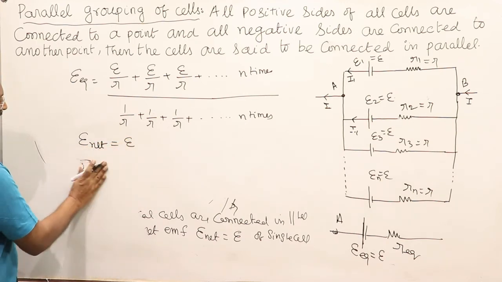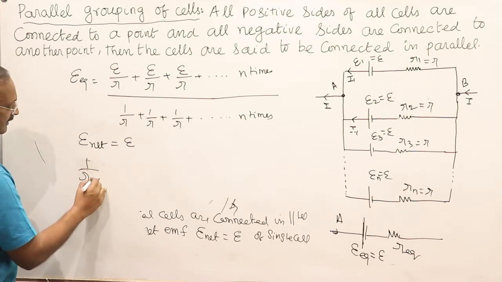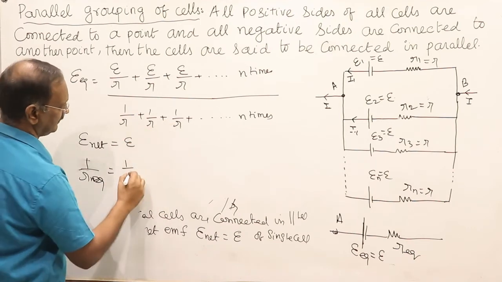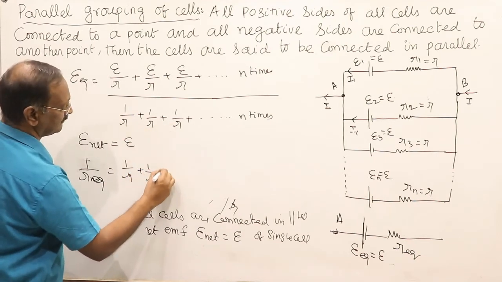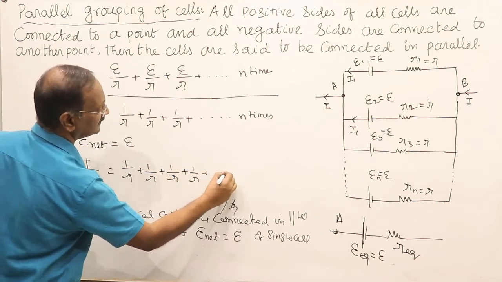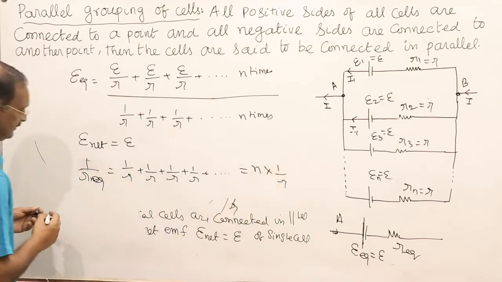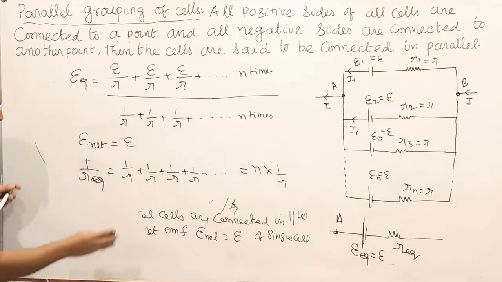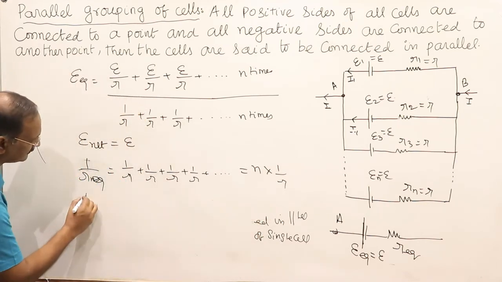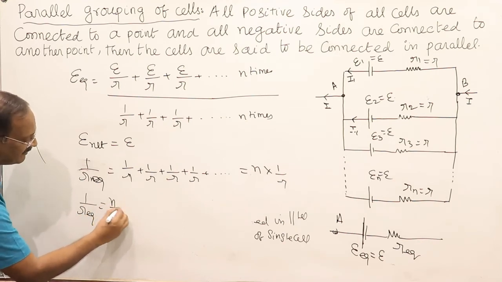Now R net: since 1 by R equivalent is equal to 1 by R plus 1 by R plus 1 by R, and so on up to n times, it is equal to n into 1 by R. So we can write 1 by R equivalent is equal to n by R.